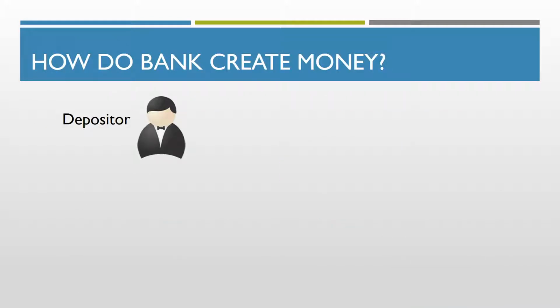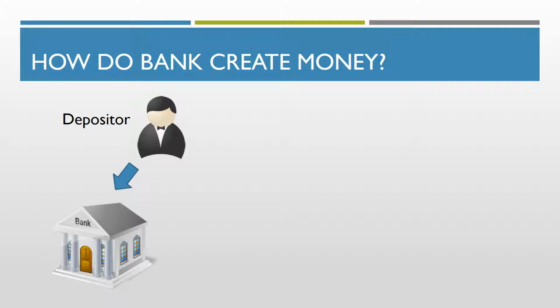Now, we would like to think about how the banks are creating money in the economy. Let's suppose there's a depositor in the economy who wants to deposit the money that he or she found under the bed. So one day he woke up and found some money hidden under the bed, and this depositor deposited the money to the bank.